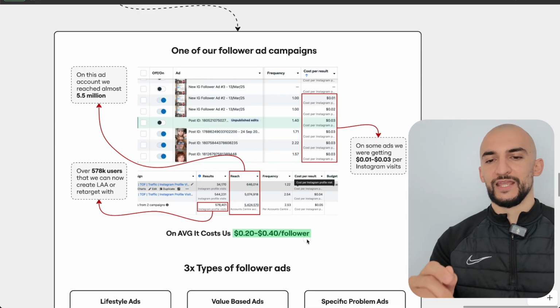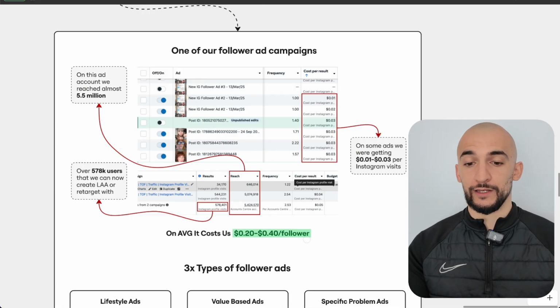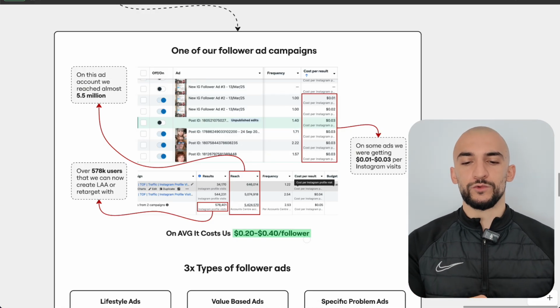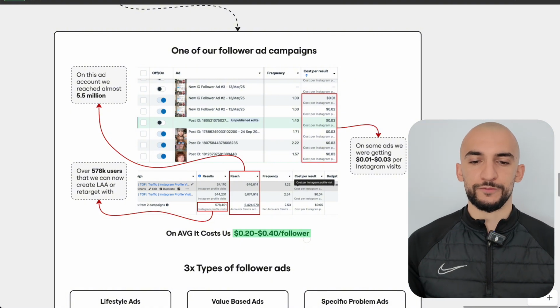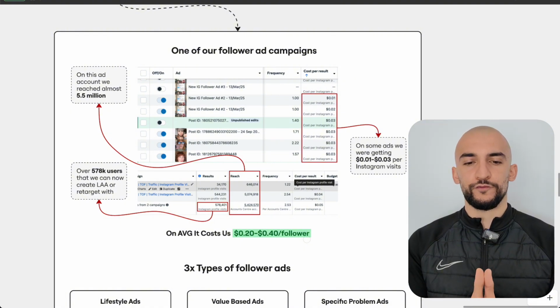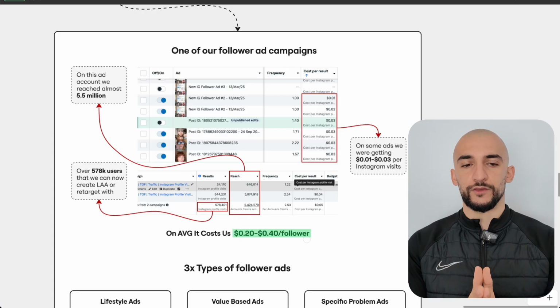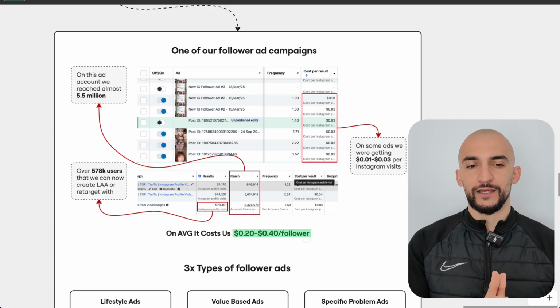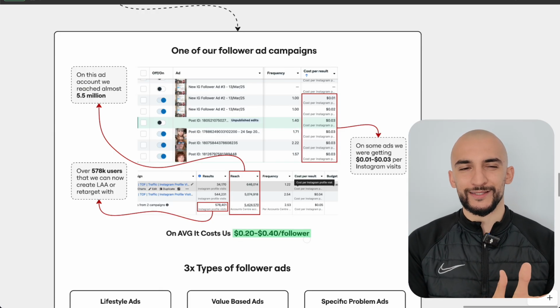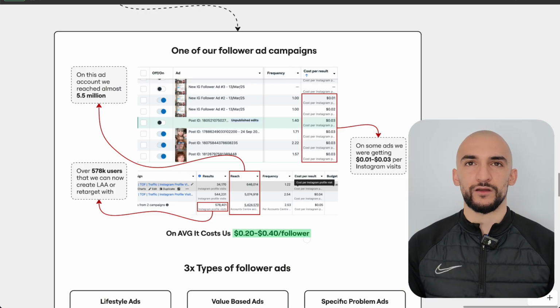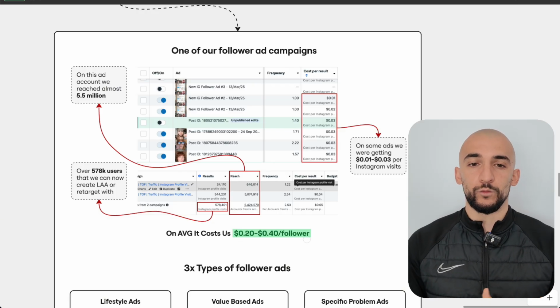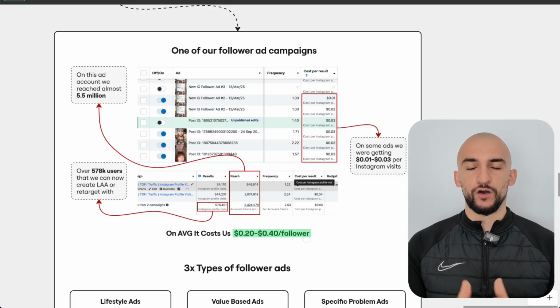Now, if you're familiar with Instagram growth campaigns, you'll be like, holy shit, that's pretty good. But the reason we're able to get this number, I'll just be completely transparent with you, is because the offer for this coaching client in particular has a mass appeal to it. Pretty much any woman over the age of 30 could potentially be interested in this offer.